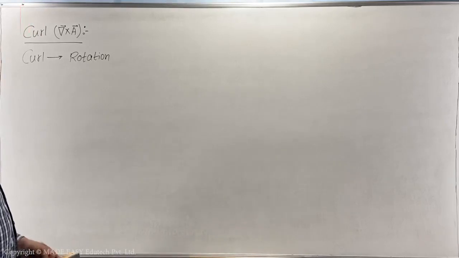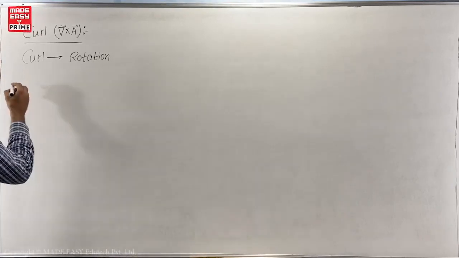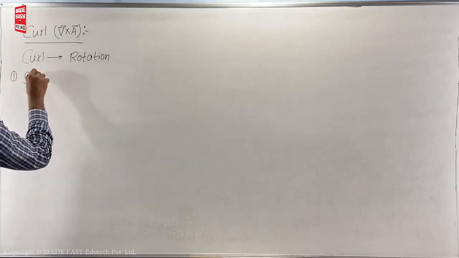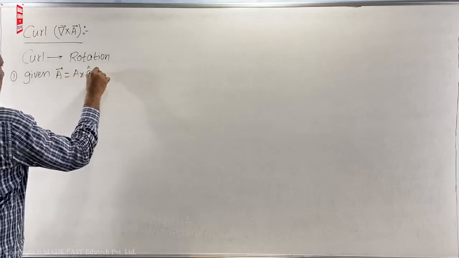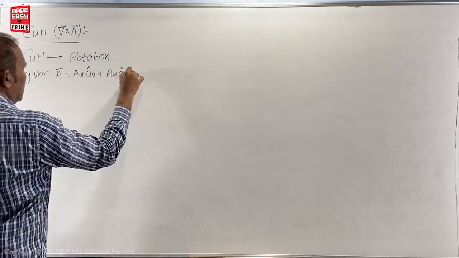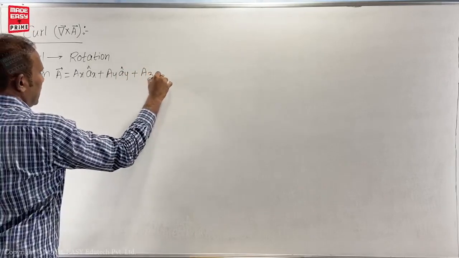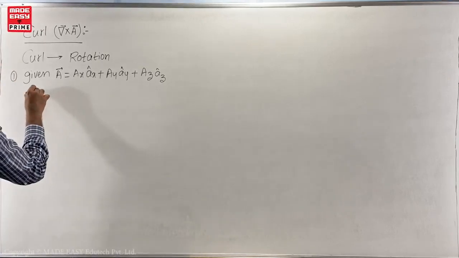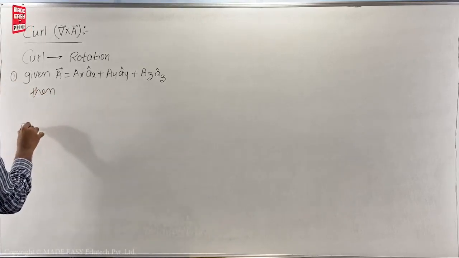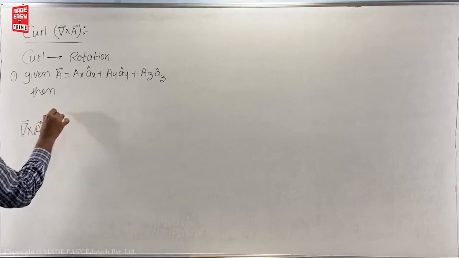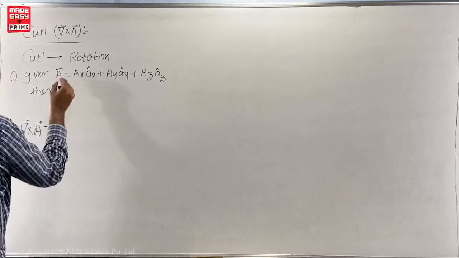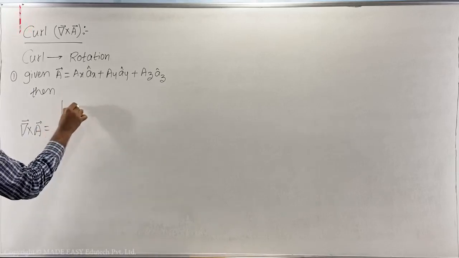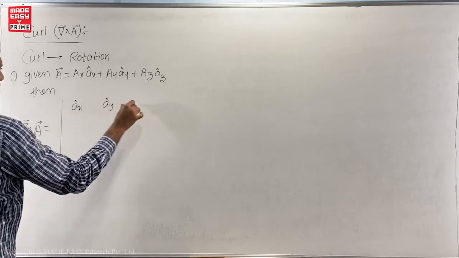Now coming to the formulas of curl. First formula: given A bar vector is in the rectangular coordinate system like this, then curl of A bar is equal to a determinant. First you have to write unit vectors: determinant Ax cap, Ay cap, Az cap.